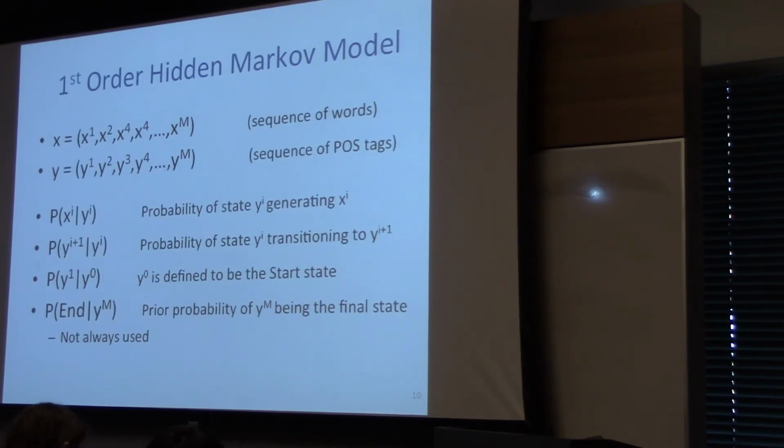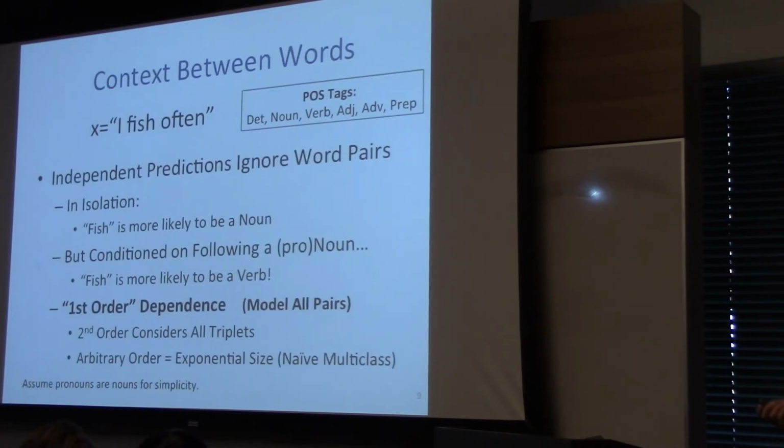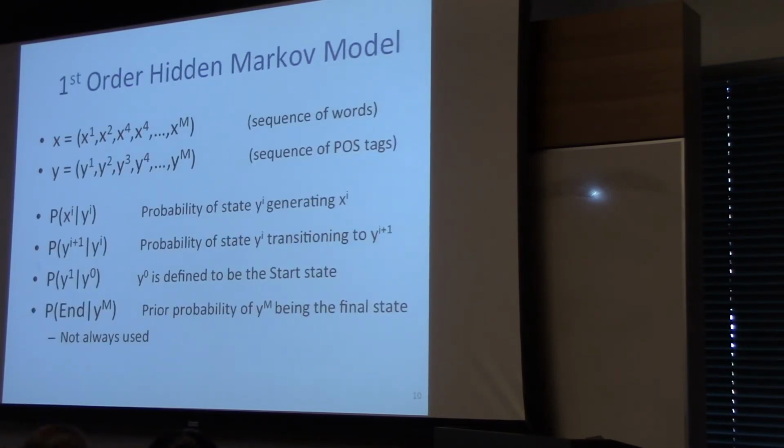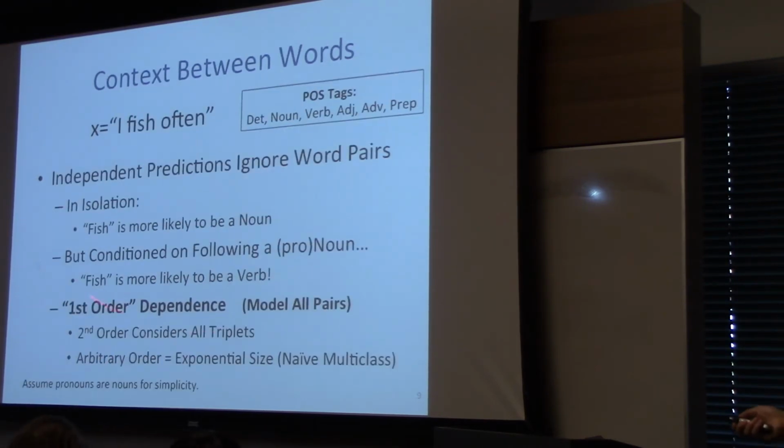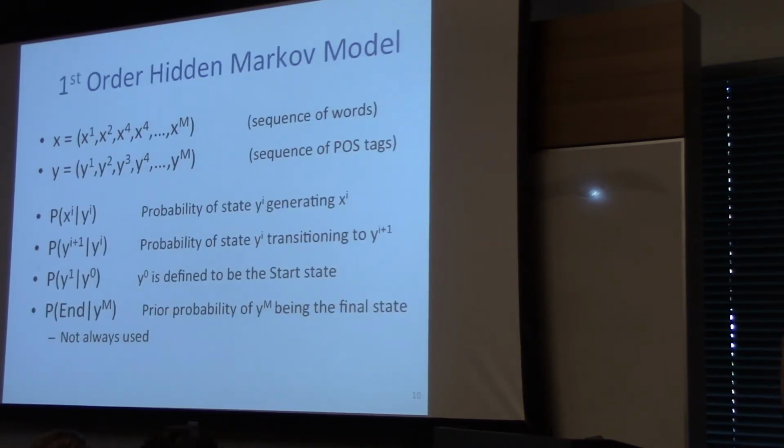So this is the definition of a first order hidden Markov model. And by the way, a model is considered Markovian if it makes this type of independence assumption, where the dependence is only local to a small window. That's why it's called a Markov model. And I'll explain why it's a hidden Markov model closer to the end of this lecture.